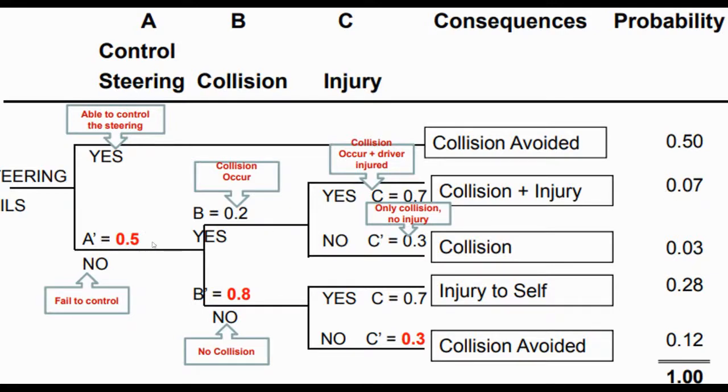This one is also 0.5 multiplied by 0.2 multiplied 0.3 equal to 0.003. So if we add up all this number is actually equal to 1. So the possibilities of collision avoid is 50%. The possibility of happen to the collision and the injury happen is only 7%.